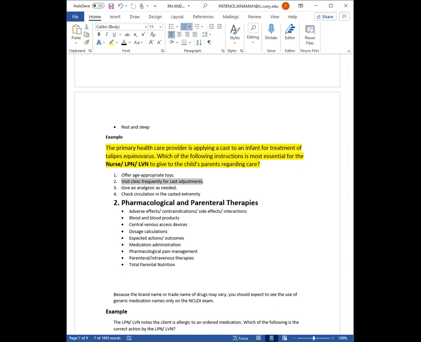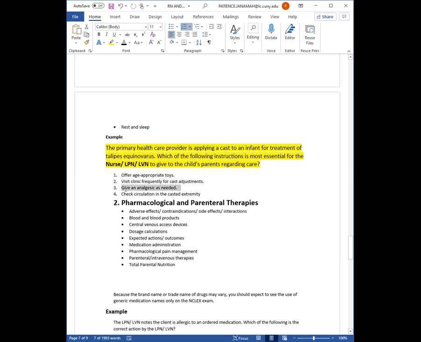So if I am a child and I have a fracture and they have the cast on, but my body is still growing, I'm just 1 year old, I'm just an infant, gaining weight and increasing. So as the child increases, the cast will need adjustment. That you will tell the mother, but that is not the right now need. You understand? It's part of the education. Give an analgesic as needed.